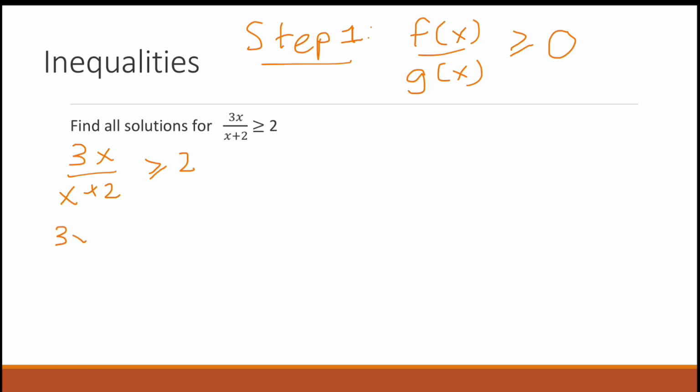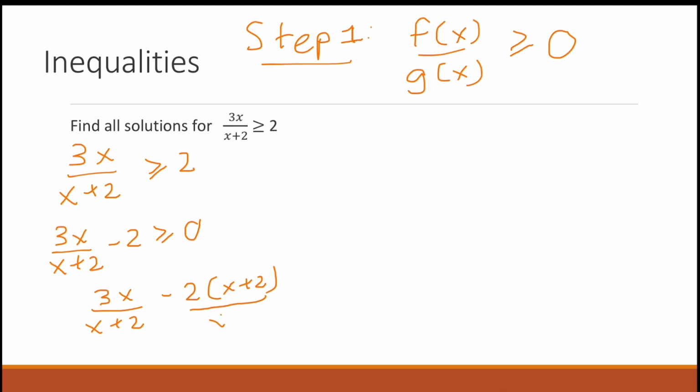I'll have 3x by x plus 2 minus 2 greater than or equal to, since we have 2 minus 2, that is 0. Now if I take the LCM, I have 3x minus 2 times x plus 2 upon x plus 2 greater than or equal to 0.